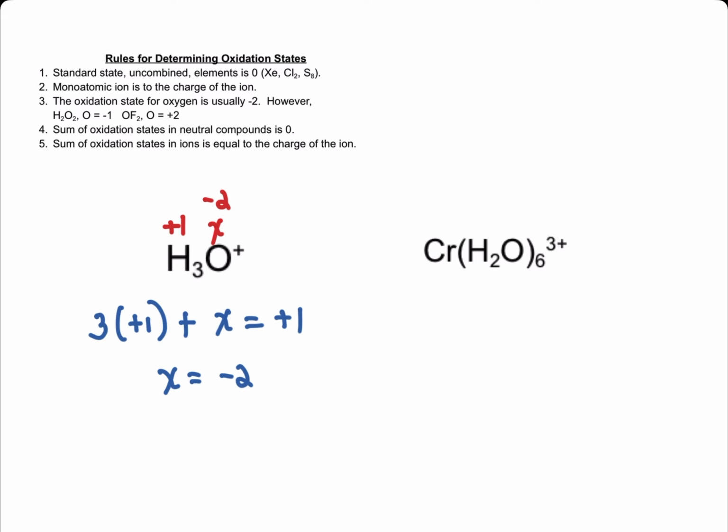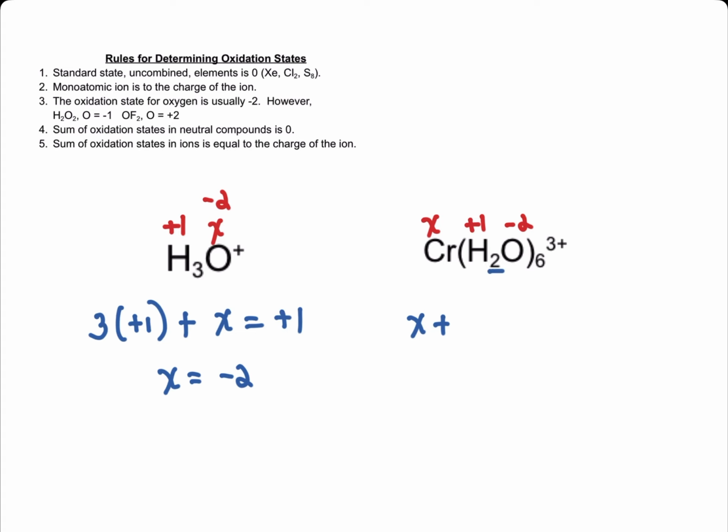Let's do a more difficult one here. CrH2O6 3+. Now, oxygen is going to be a -2. Hydrogen is going to be a +1. Chromium is in my transition block, so this one has varying oxidation states. So let's go ahead and solve for X. There's one atom of chromium.